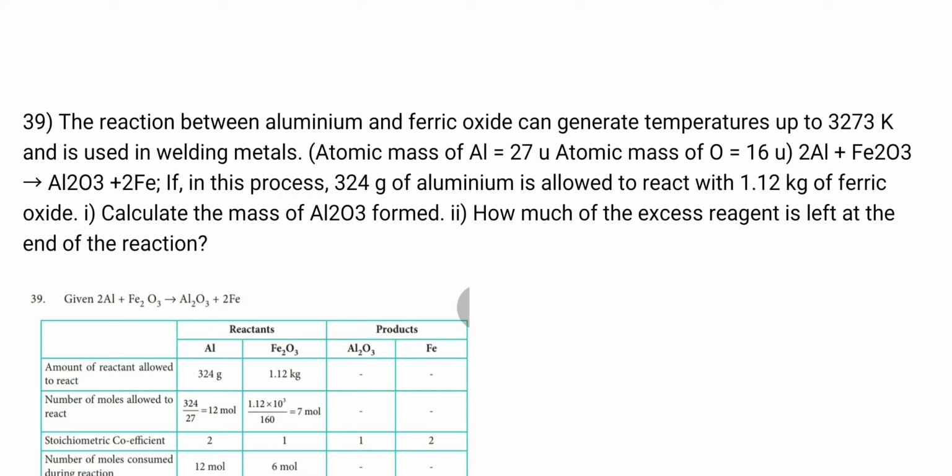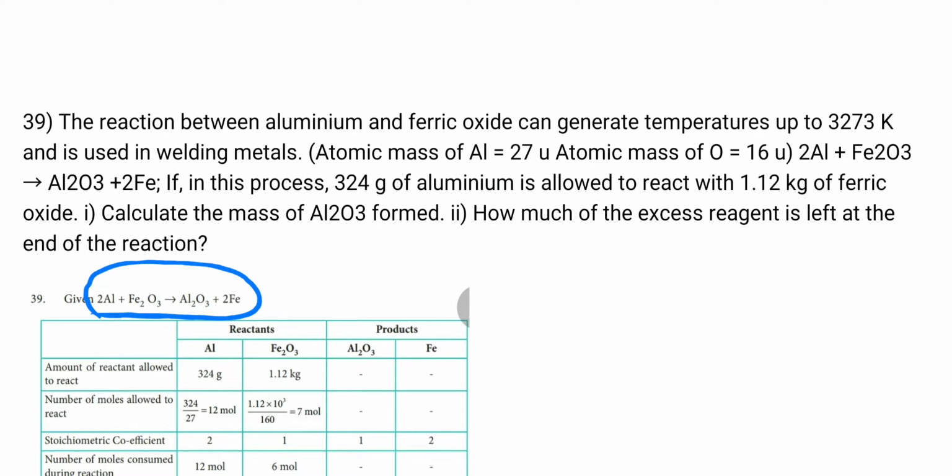Okay, 39th question. The reaction between aluminum and ferric oxide can generate a temperature up to 3273 Kelvin, and it is used in welding metals. The atomic mass of aluminium is 27 u and the atomic mass of oxygen is 16. The reaction is aluminum on reaction with Fe2O3 gives aluminum oxide plus iron.